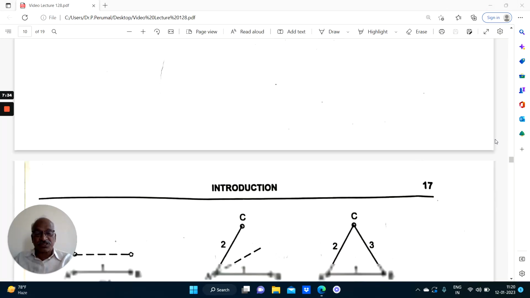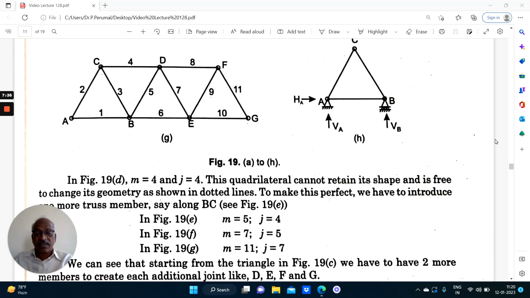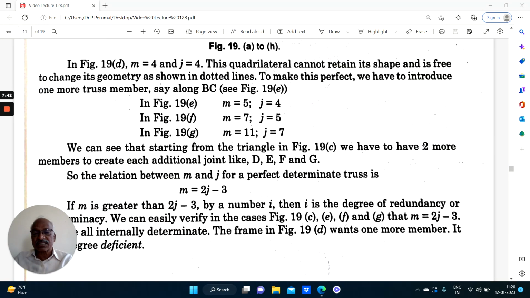Now, coming to the procedure. This is discussing only about internal indeterminacy. Yes. We can make use of this formula, I equal to M. The truss has to satisfy this condition: M equal to 2j minus 3.